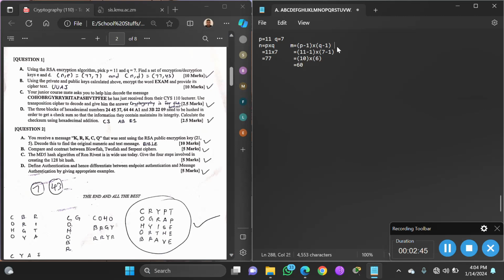Okay, so after doing this, we can now list prime numbers which are less than n. Remember our n is 77, so we are listing prime numbers less than 77.